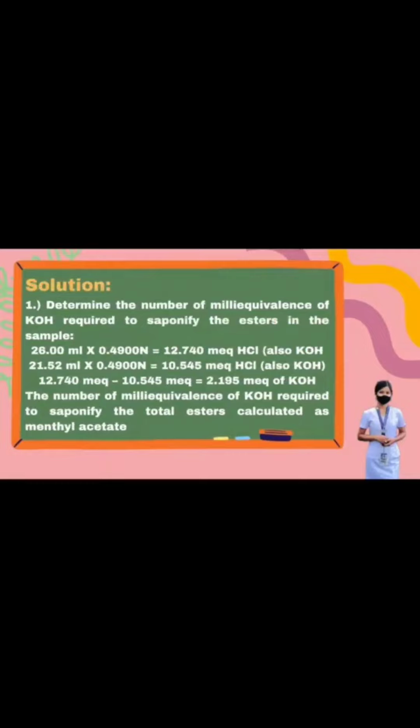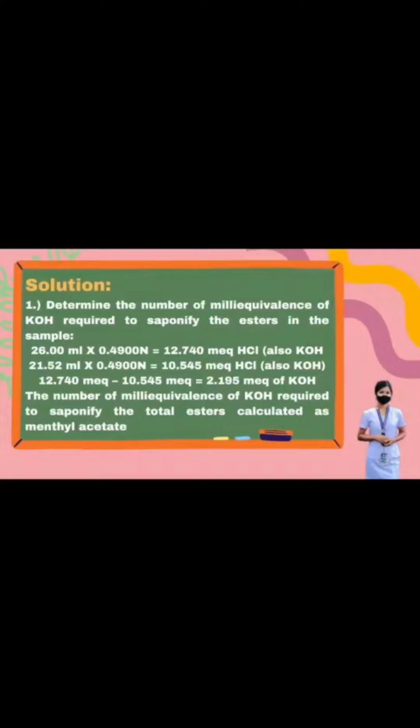Here is the solution. First, determine the number of milliequivalents of potassium hydroxide required to saponify the esters in the sample. First, multiply 26 ml to 0.4900 and we have come up with their product as 12.740 milliequivalents hydrochloric acid, also potassium hydroxide.